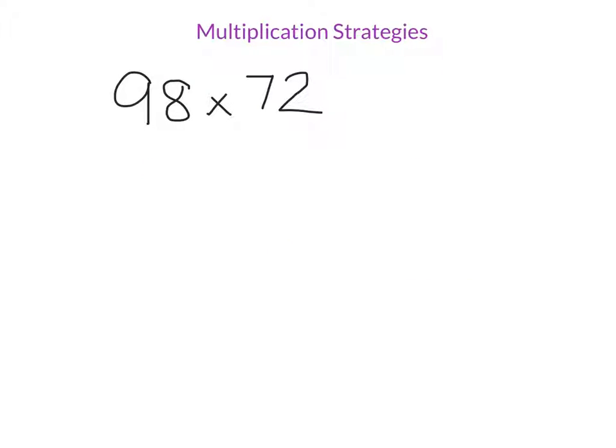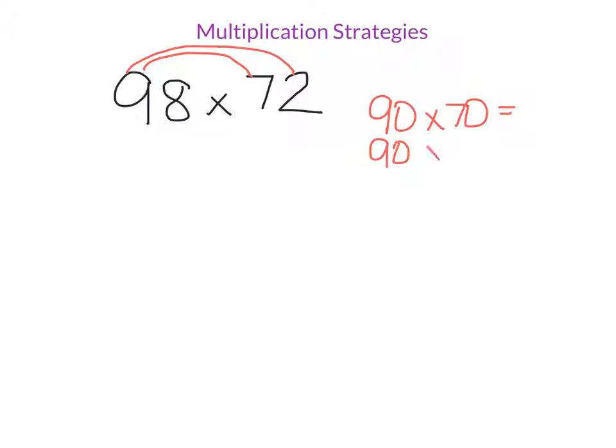Here we have 98 times 72, and we're going to do the exact same thing. 90 times 70. 90 times 2. 8 times 70.